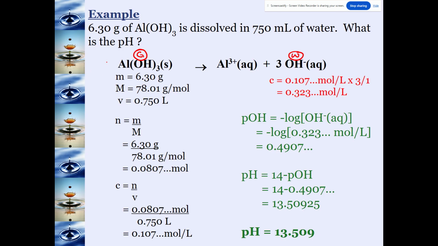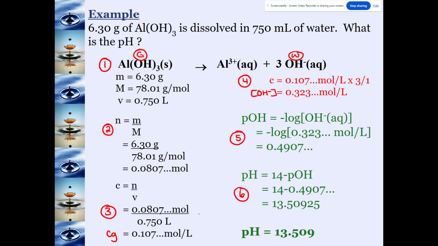You have to first write the dissociation equation, then calculate the moles, then calculate the concentration of your given, then find the concentration of your wanted, or the concentration of the hydroxide ions. Then take the negative log to get the pOH, then subtract it from 14 to get the pH. So there are 6 steps involved in a question like this, okay?